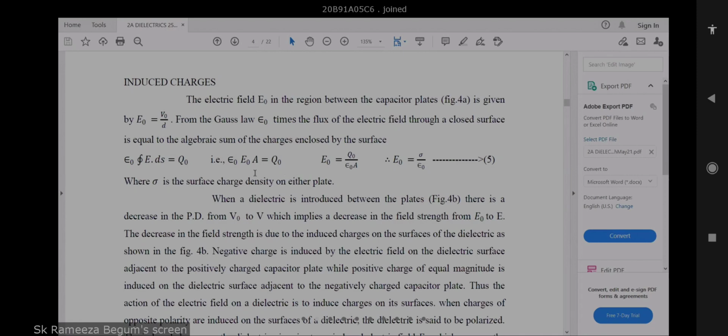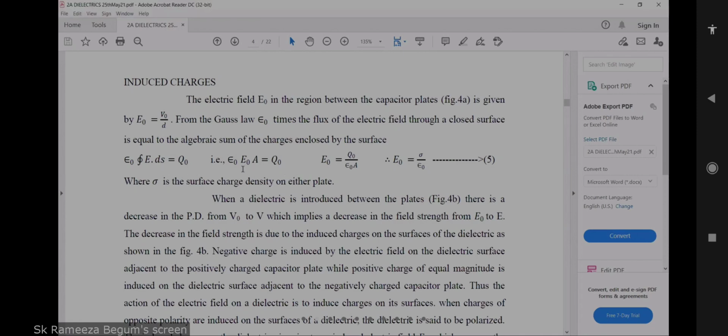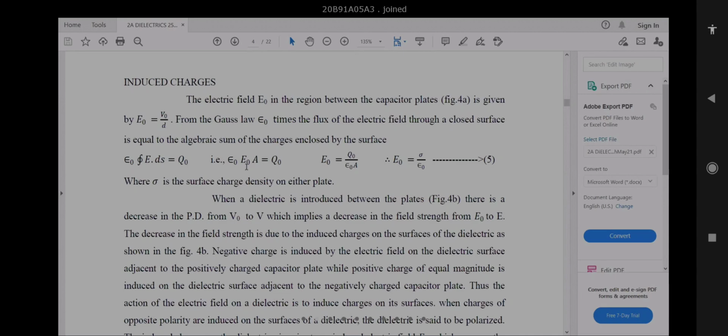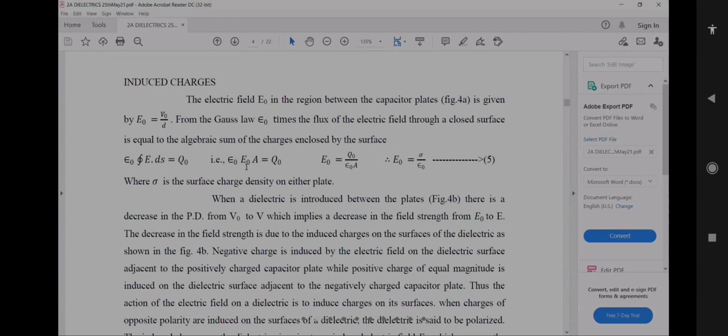Then epsilon naught, here E naught is the total electric field which is applied to the region, so epsilon naught E naught A is equal to Q naught.